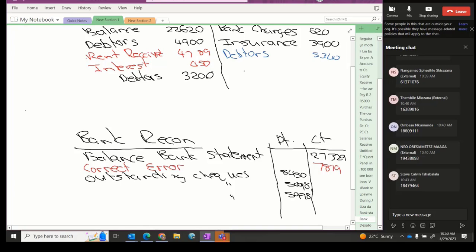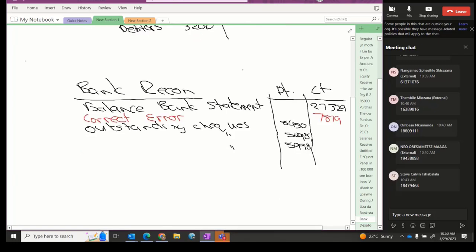Because it was a payment, you're just going to put it on the debit side. You understand? And then the other one, they just say there are outstanding deposits again, and then you just put it into the accounts and you do the balancing. Okay, sorry, I see we're running out of time.